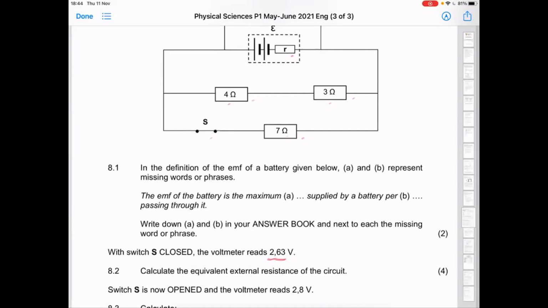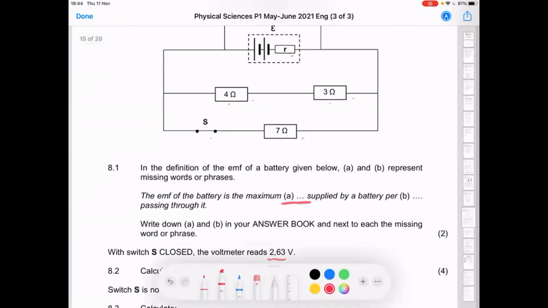But the EMF of the battery is the maximum. So A is electric energy, or you could say work. Both of those answers would be acceptable. So that's the answer for A. Supplied by a battery per unit charge passing through it.